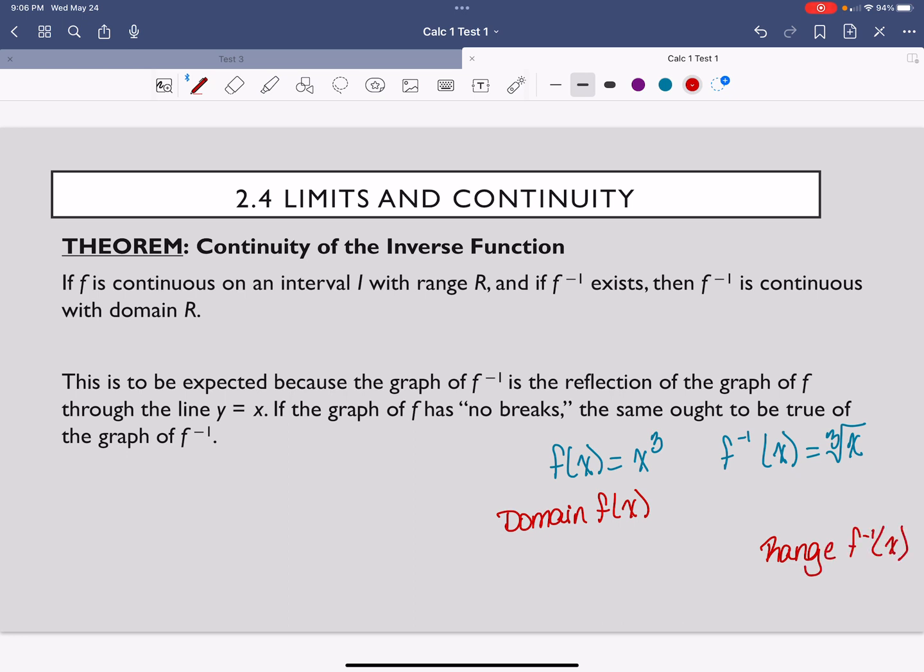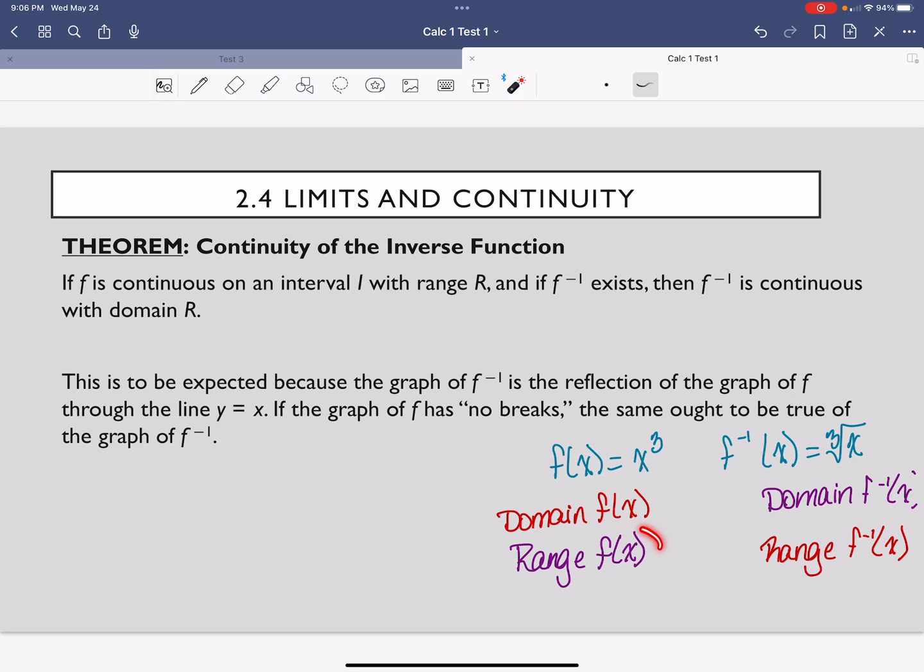It's a definition of inverse functions. And then the domain of f inverse of x is the range of f of x. That's just the definition of inverse functions.